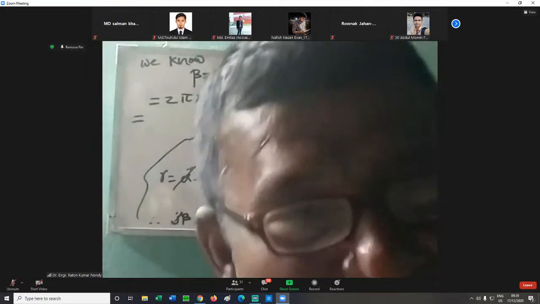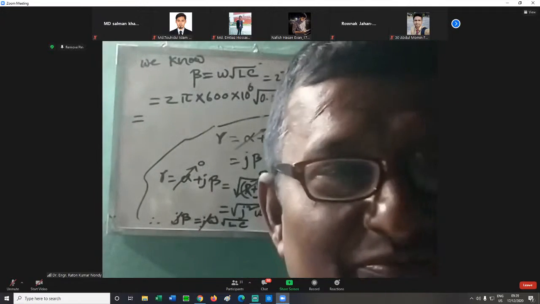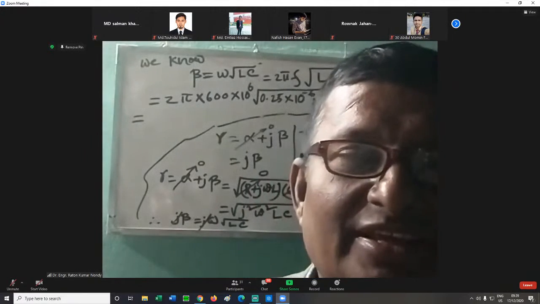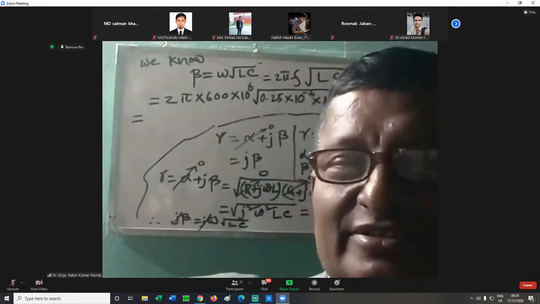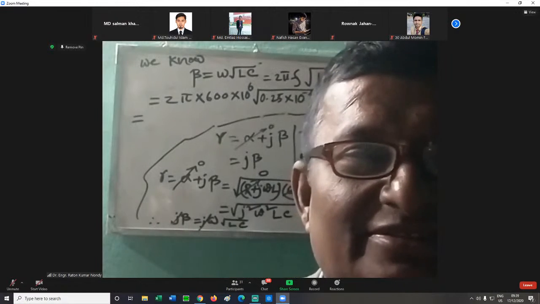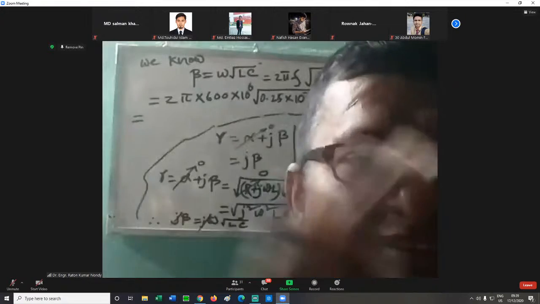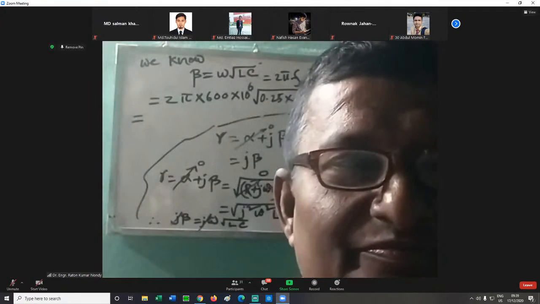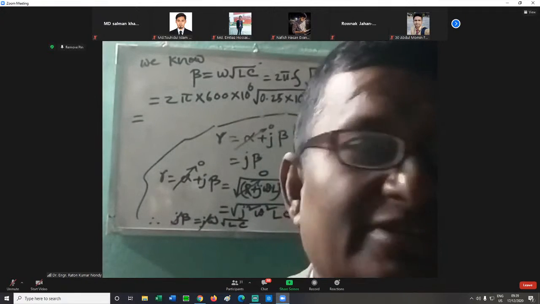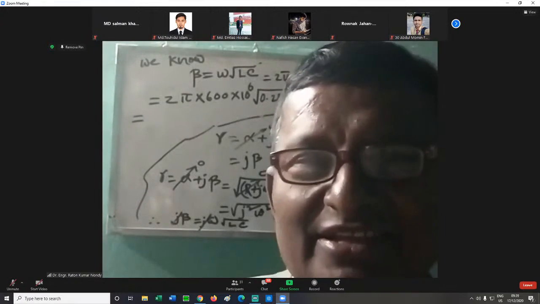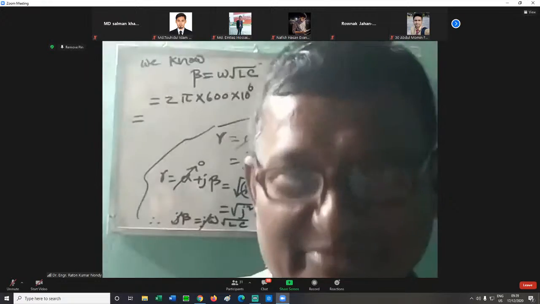18.85 radian per meter. Omega is angular velocity. You know from physics there are two velocities: one is translatory velocity, that is linear velocity, and another is rotating. In case of rotating, it is angular velocity. Since the signal is rotating, in case of a signal it is radian per meter.